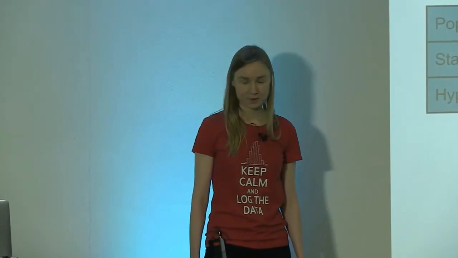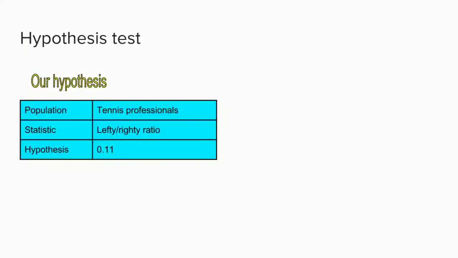So just a very brief overview of the structure of a hypothesis test. Suppose we're looking at tennis professionals, and we have a null hypothesis. In this case, we might be looking at the ratio between left-handed and right-handed players. And so our null hypothesis is that 11% will be left-handed.